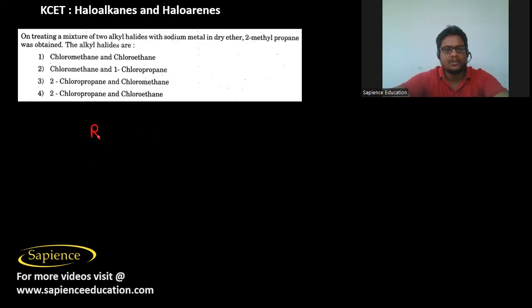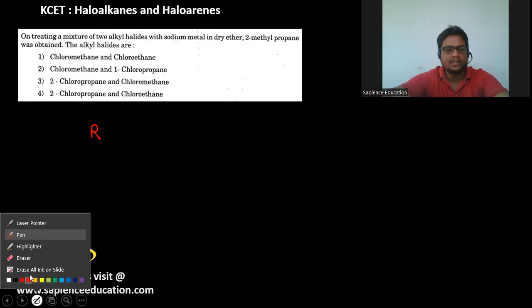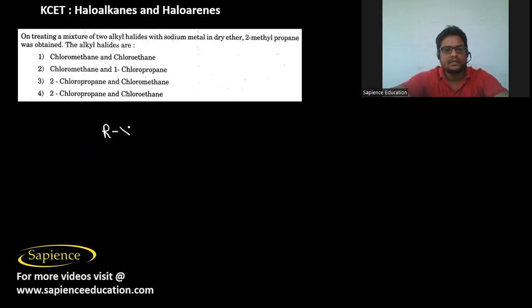The simple rule is that when an alkyl halide, RX, is reacted with another alkyl halide, R'X, with sodium metal in the presence of dry ether, then it forms the alkane R-R'.